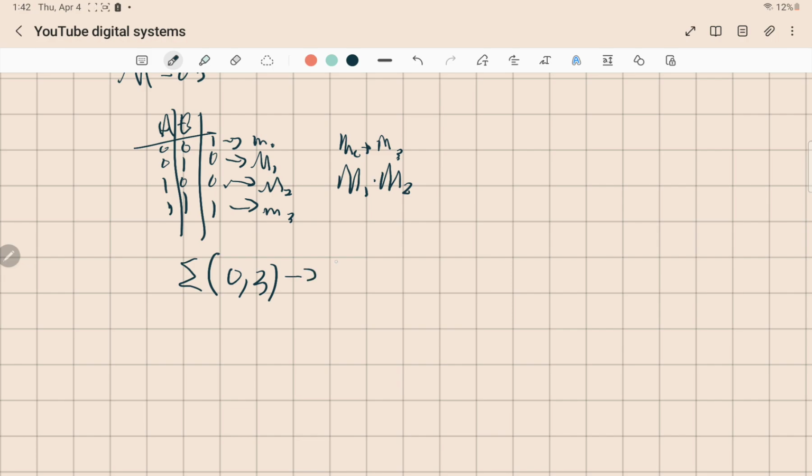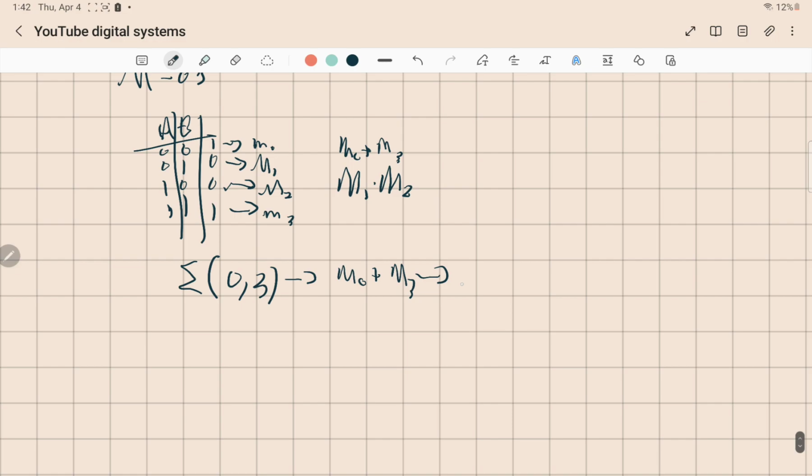So this is the same as M0 plus M3, which is the same as, in this case, A not B not plus A B.